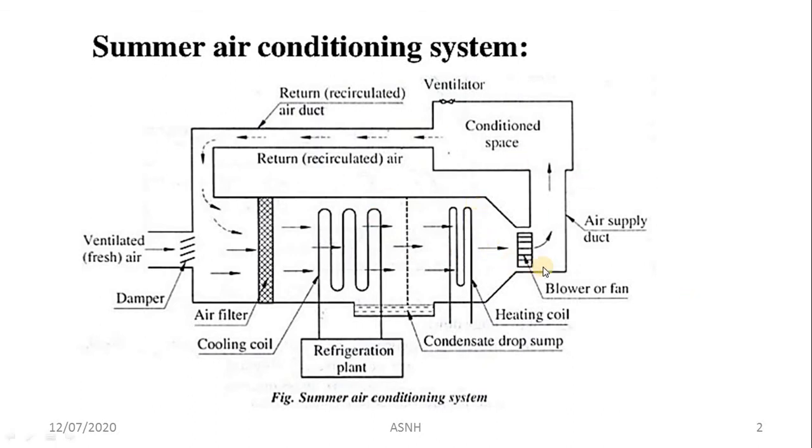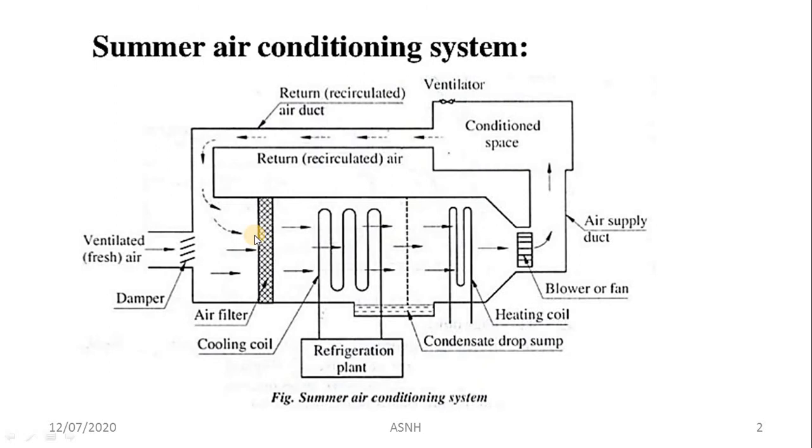Next, the blower or fan is used to circulate the purified or cooled air into the conditioned space. From there the air continuously passes through the return duct, and the return air coming from the conditioned space is mixed with the air coming from the atmosphere.